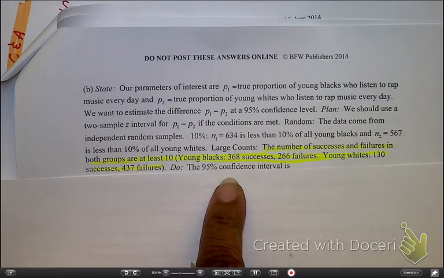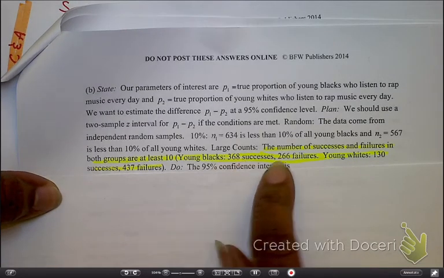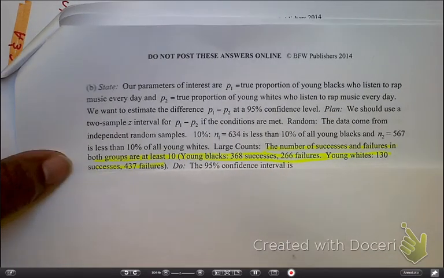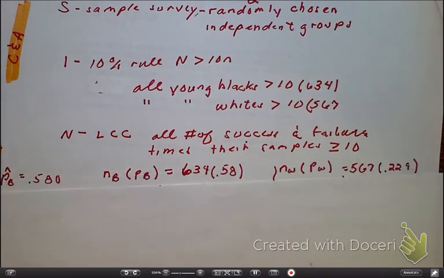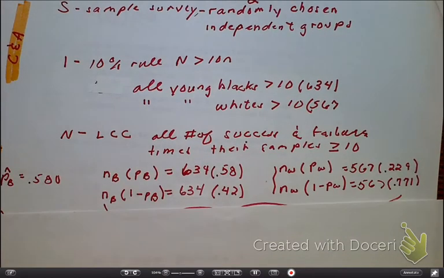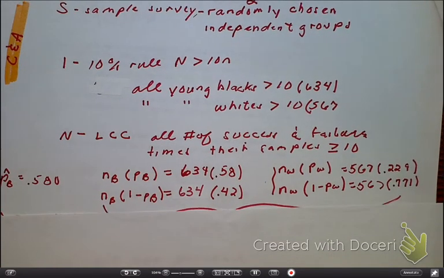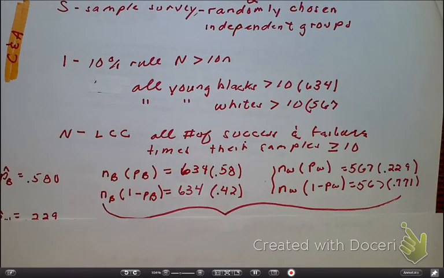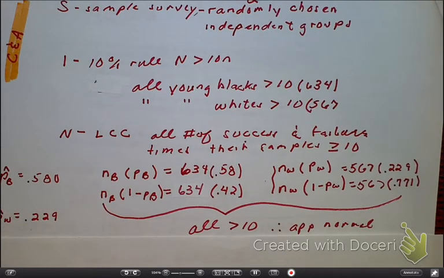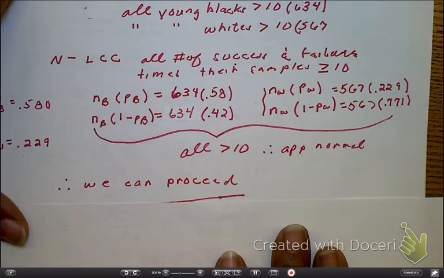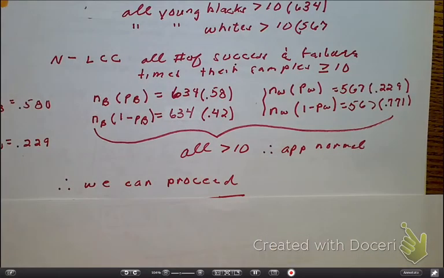It's less work that's written, because it's still the same, since you had to do the math to come up with that in the first place. Okay, now that we have our large count condition, we have met all our conditions and assumptions. We can now proceed with our test.